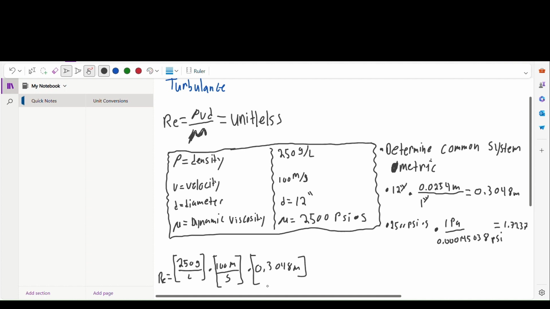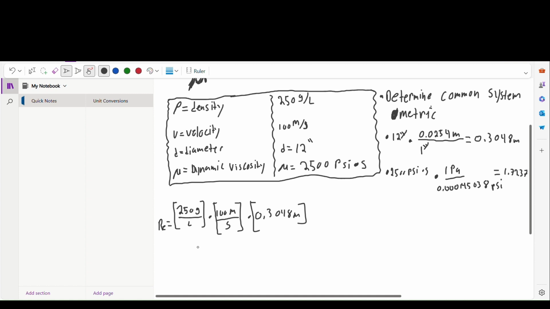Square this, square this. Good. Divide the whole thing by your 1.727 times 10 to the 7th. And this is in pascals times second.